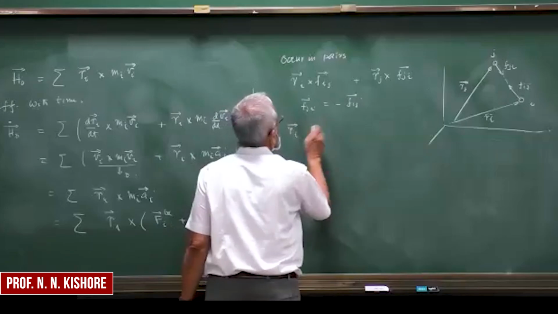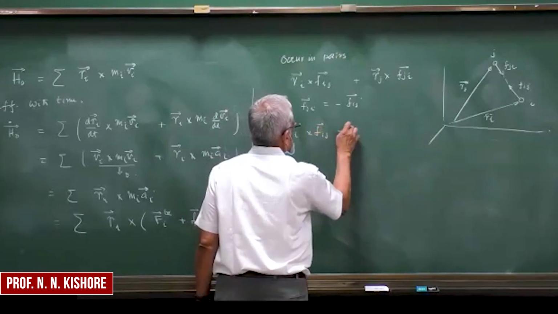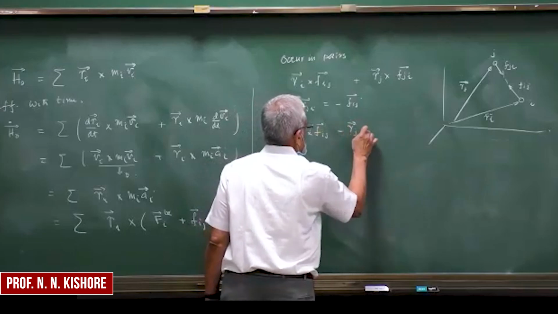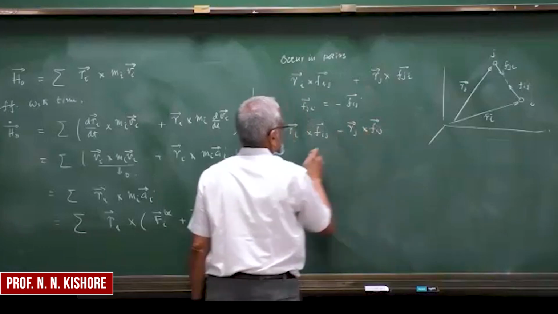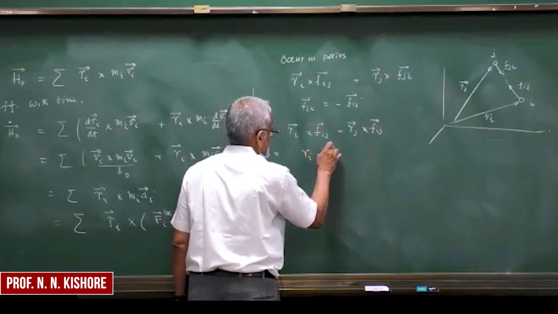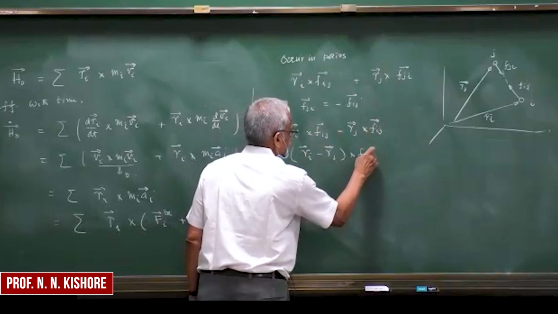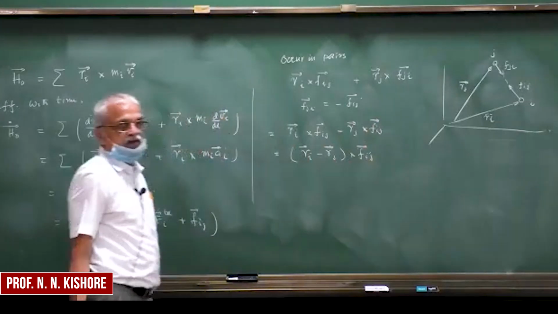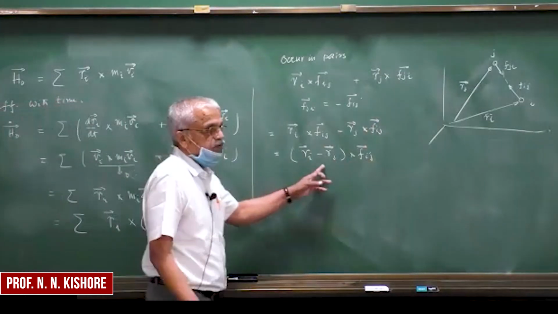So Ri times Fij minus Rj times Fji becomes Fij. Can we show that this is 0?